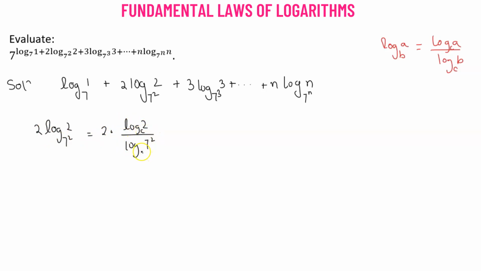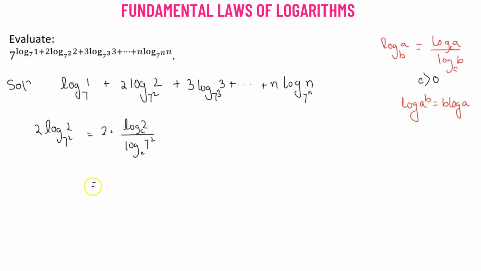So let's say we have a base of c, and here the c value must be greater than 0. Right. Now in the denominator we have log of 7 squared. Here we can apply the property log of a raised to the power of b, which will be equal to b times log of a. Fine.